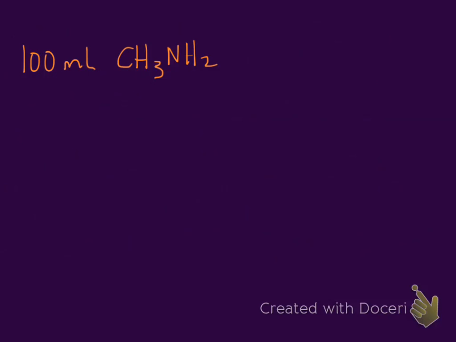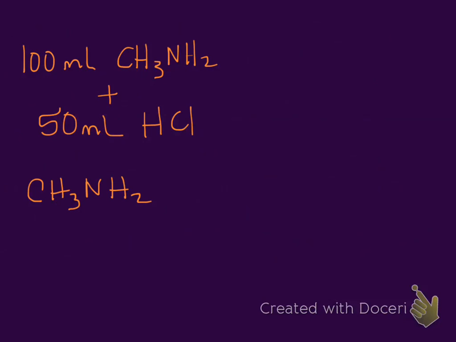All right, so another way that we could make the buffer would be to start with 100 mL of the CH3NH2, but instead of adding in the salt, we could add in half the amount. Does it have to be exactly 50? No, but some amount of the strong acid like HCl or HNO3. So when we do that, some of this is going to react, and some of it is going to stay in this form.